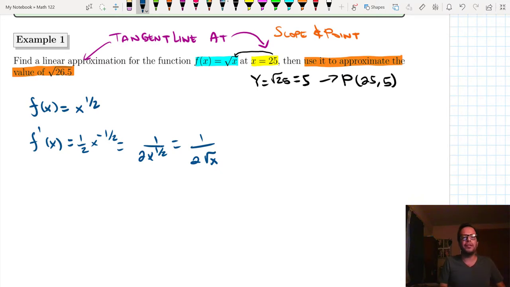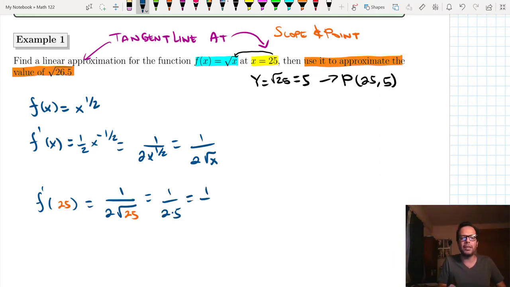So we are going to use this formula to find the slope. f prime evaluated at the value of x, which in this case is 25, is going to be 1 over 2 times the square root of 25, which is 1 over 2 times 5, and multiplying those two values we get 1/10.